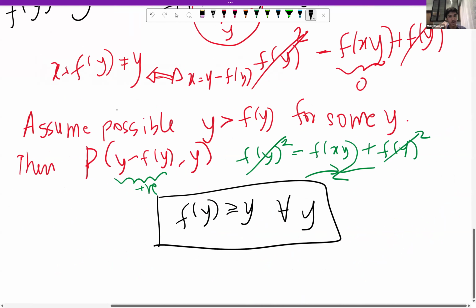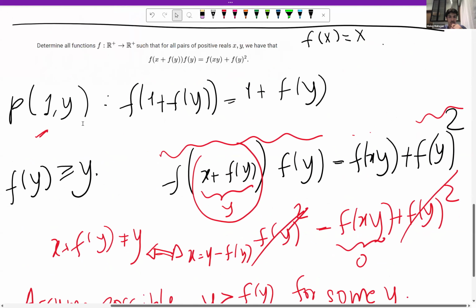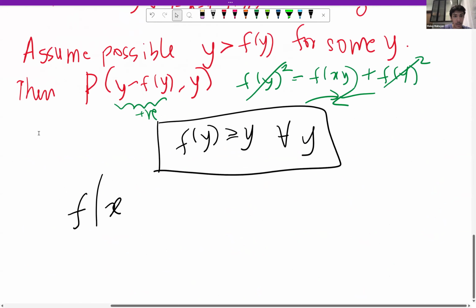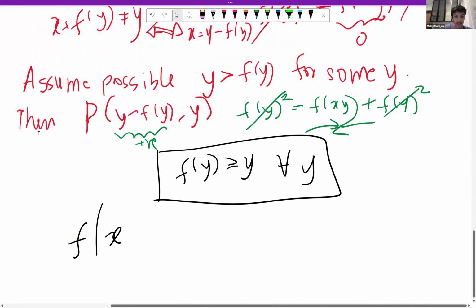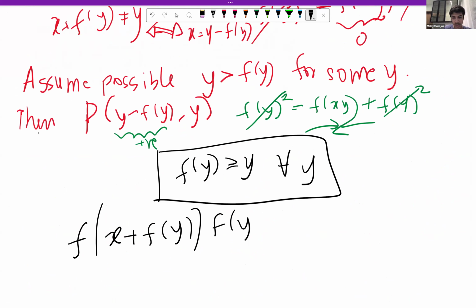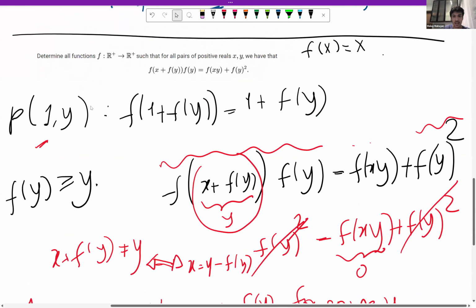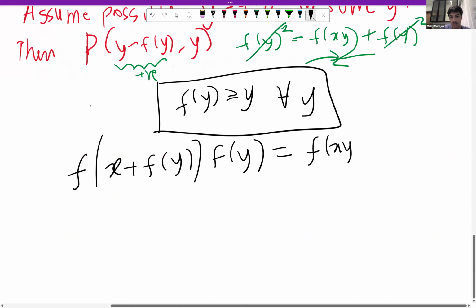This is probably one of the most important things. Key, you get an inequality by this, and now you try to do stuff. So yes, I'll write the equation once more. f of x plus fy times f of y is f of xy plus f of y squared.